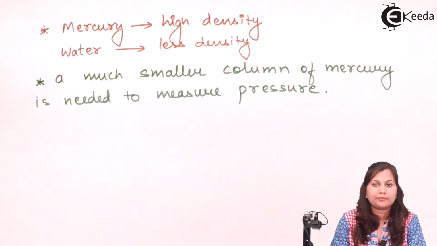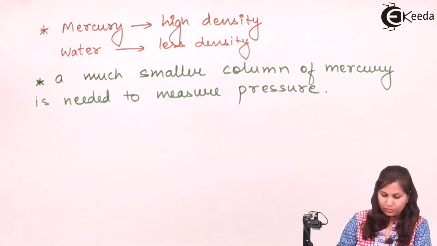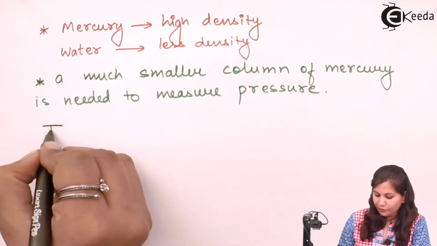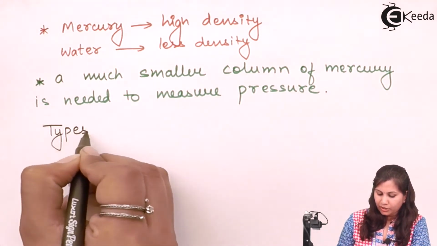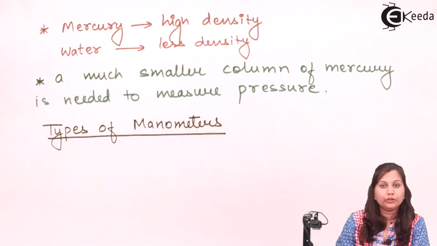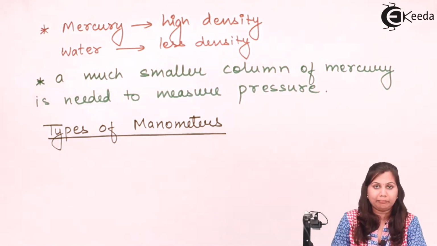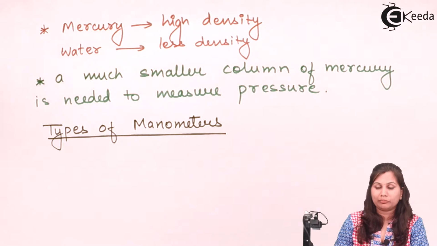There are various types of manometers depending upon the shape of the device. These types are U-tube manometer, well type manometer, inclined type manometer, and ring type manometer.